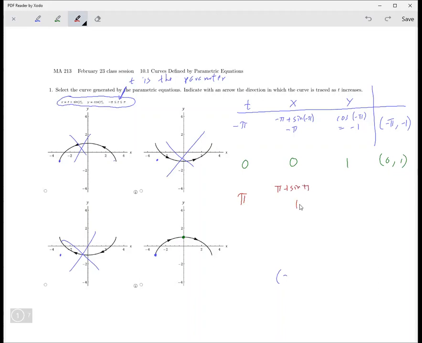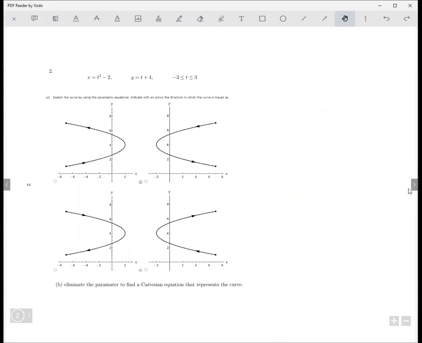You're going to get pi. And for y, it's cosine of pi, which is negative 1. Okay, so that gives you the point pi, negative 1 over here. And it kind of traces through that curve right there.